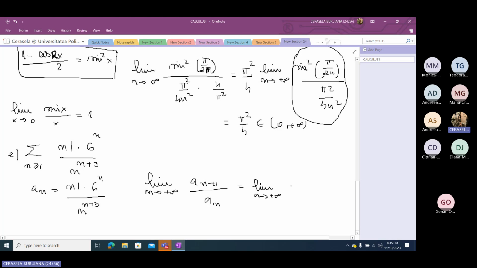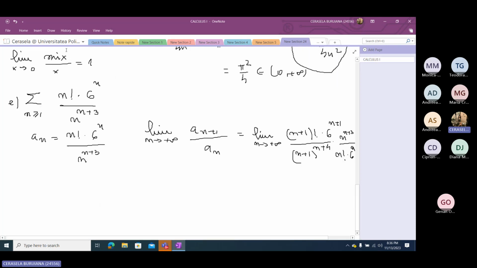Now let's replace a_(n+1): that's (n+1) factorial times 6 power n+1, everything over (n+1) power n+4, times the reverse of a_n, which is n power n+3, everything over n factorial times 6 power n. Okay, now let's make all the simplifications.